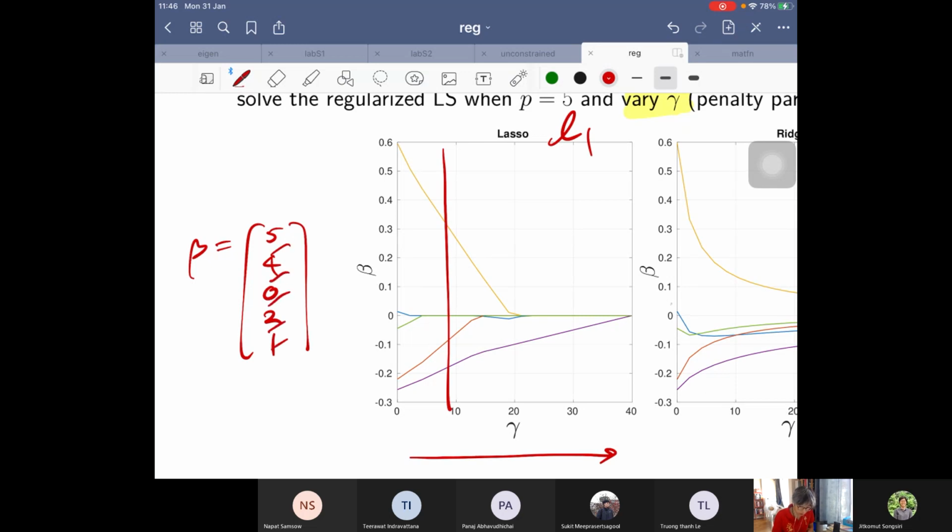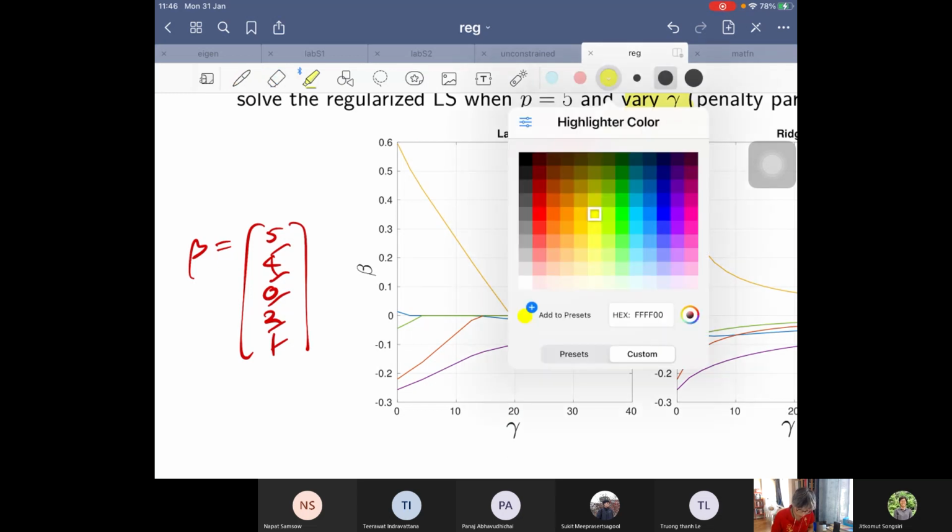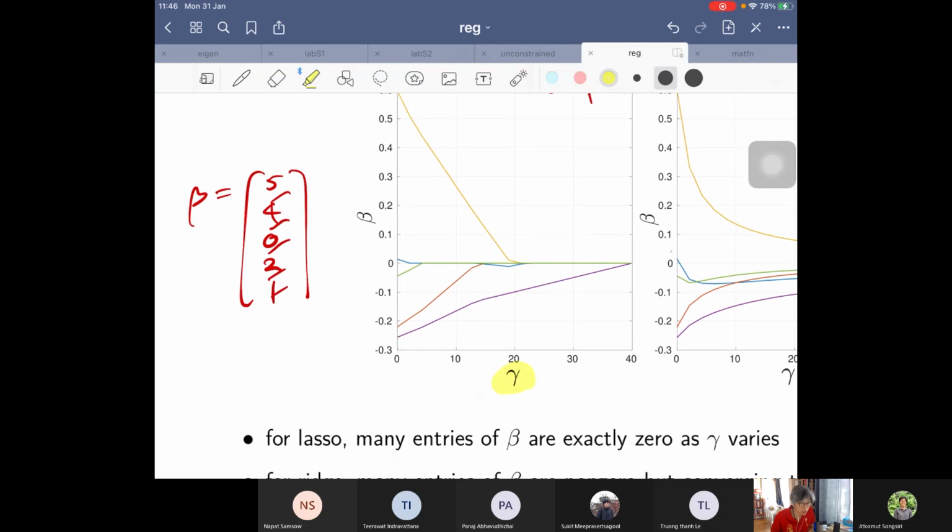So if I look at one entry, there is going to be a solution path as a function of gamma. From this graph, what do you see? As gamma is big, of course, when the penalty parameter is big, the solution will be sparse, right? So you see all the entries now tend to 0.